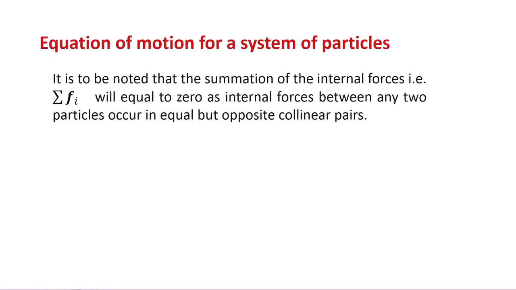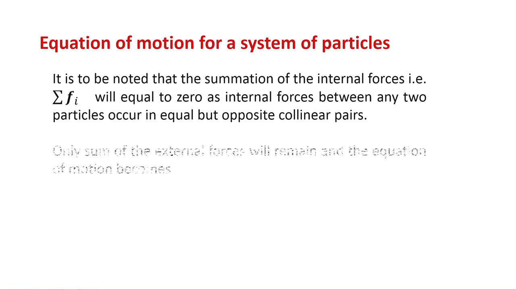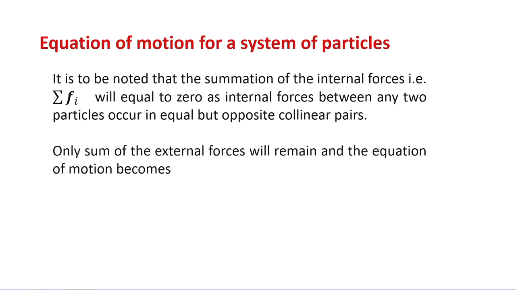It is to be noted that the summation of the internal forces, small fi, will equal 0, as internal forces between any two particles occur in equal but opposite collinear pairs. So, ultimately only the sum of external forces will remain, and the equation of motion reduces to summation of capital Fi is equal to summation of mi ai.